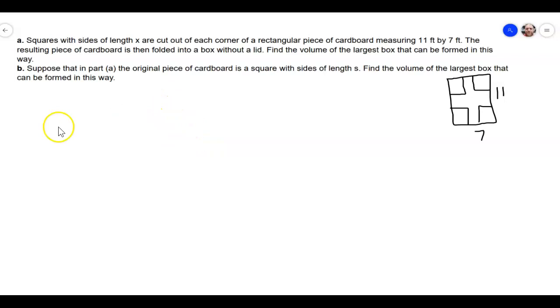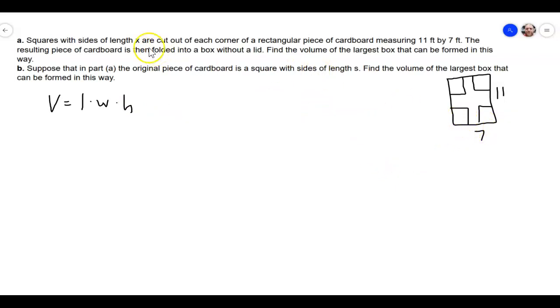And we want to maximize the volume. So the volume is going to equal what? Well, the volume is normally length times width times height, right? So in this case, what is it going to be?